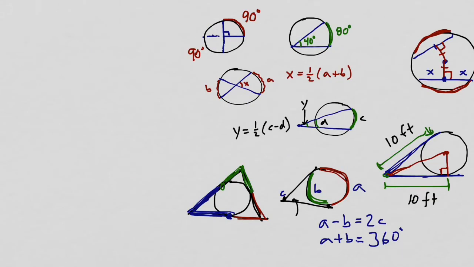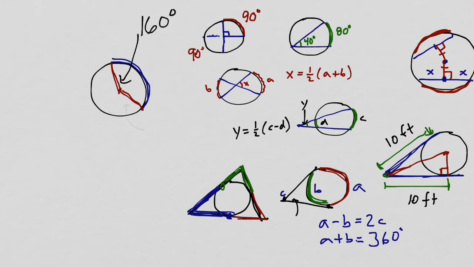Finally, we can relate the distance around part of the circle to the central angle that corresponds to the endpoints of that arc. So this is called the arc length. And for example, let's say this angle is 160 degrees, and that we know the radius is 7 inches.